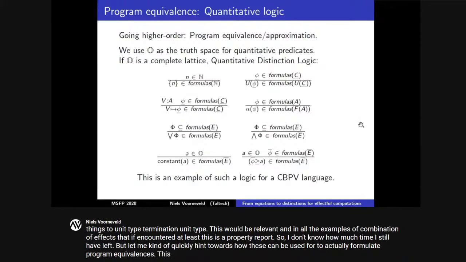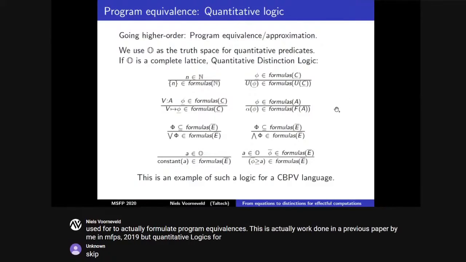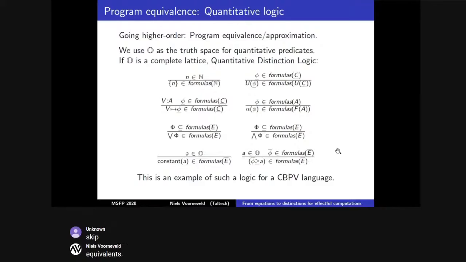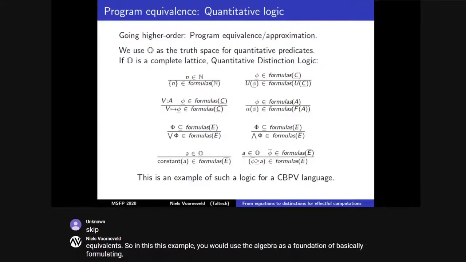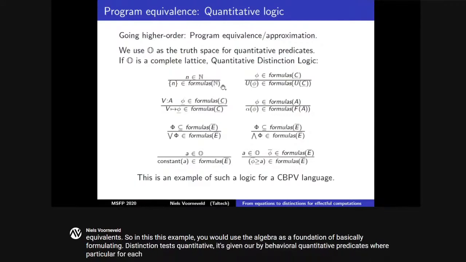This is actually work done in a previous paper by me at MFPS 2019 about quantitative logics for program equivalence. In this example, you would use the algebra as a foundation for formulating quantitative distinction tests, given by behavioral quantitative predicates, where for each possible type we specify some tests that could differentiate terms.